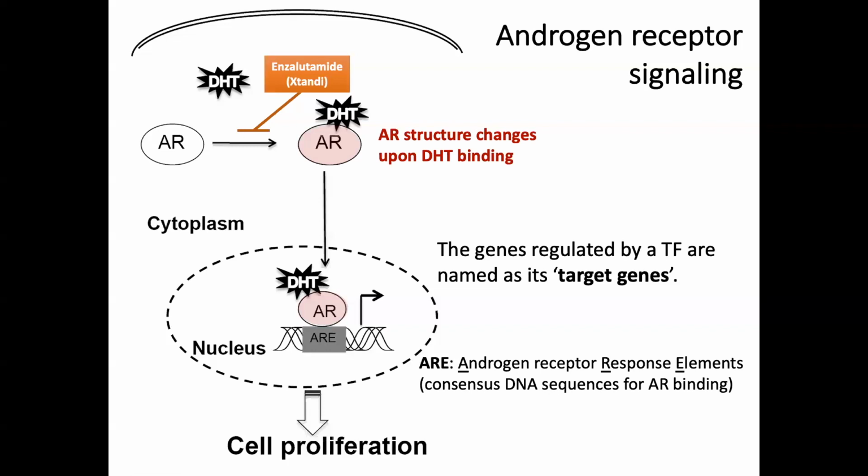It has been widely used in clinics to treat prostate cancer. Enzalutamide actually binds to AR in competition with DHT binding. Based on this description, you should know that enzalutamide is an AR antagonist.